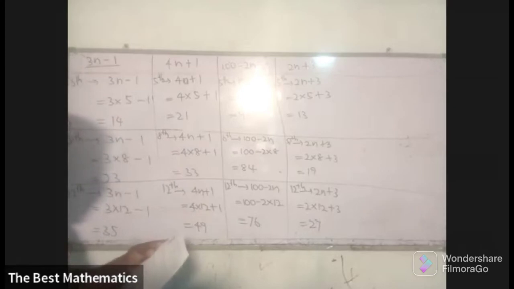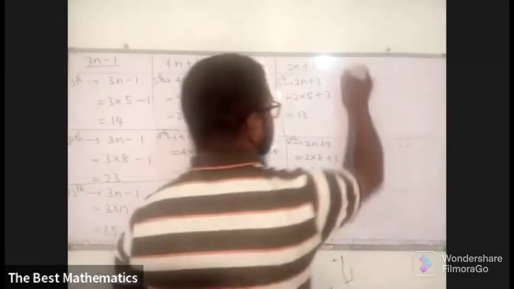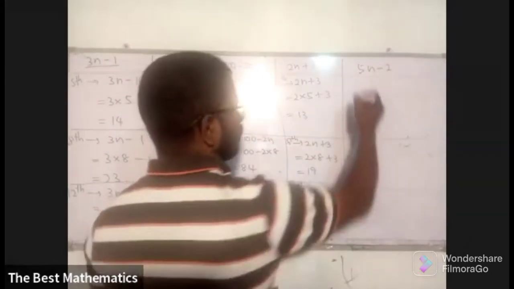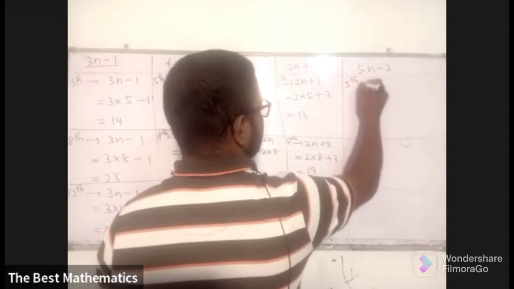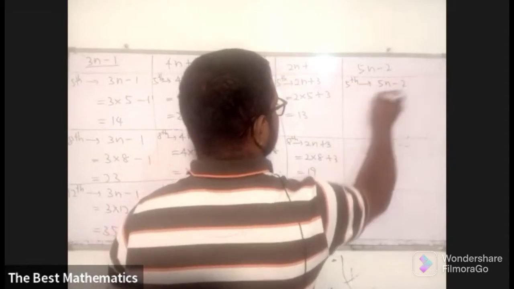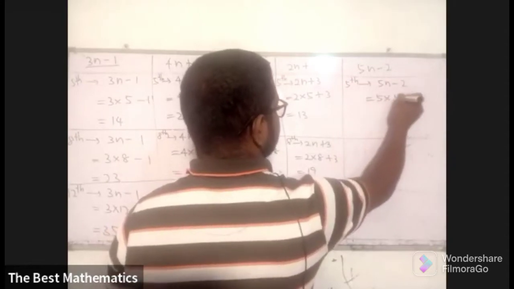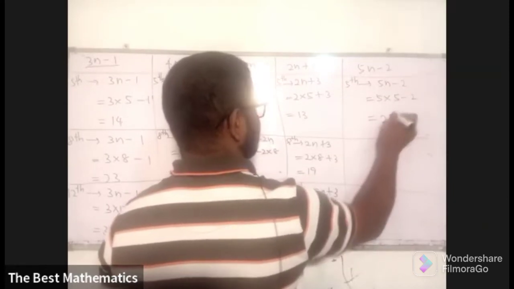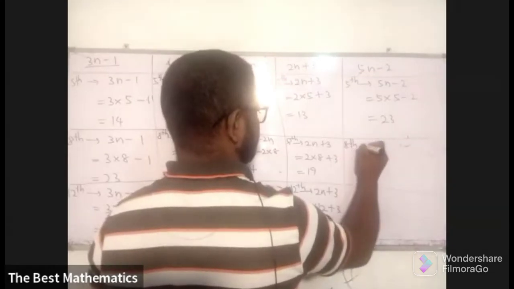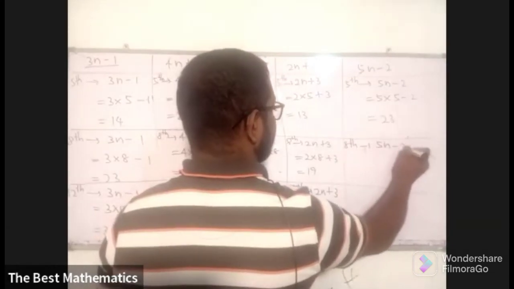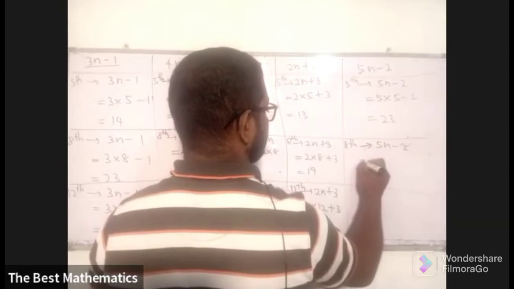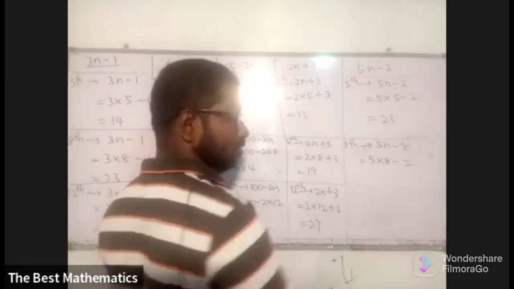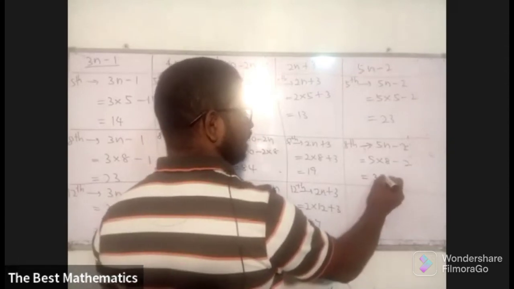Yes, then the final one, 5n minus 2. Fifth: 5 times 5 minus 2. 5 times 5 is 25, minus 2 is 23. 8th: 5n minus 2, 5 times 8 minus 2. 5 times 8 is 40, minus 2 is 38.